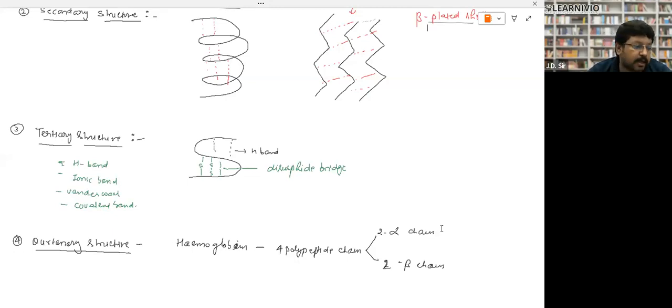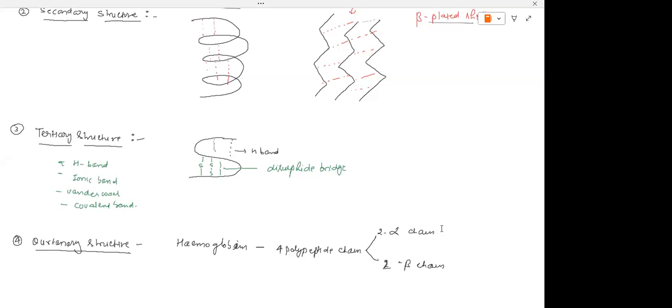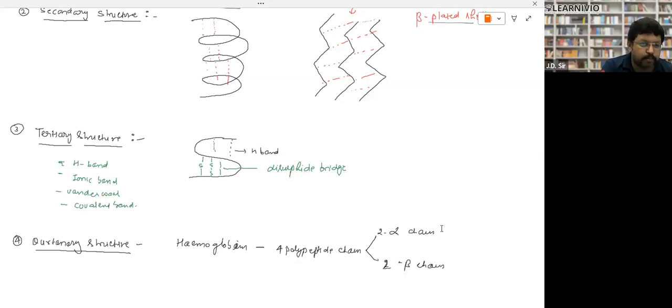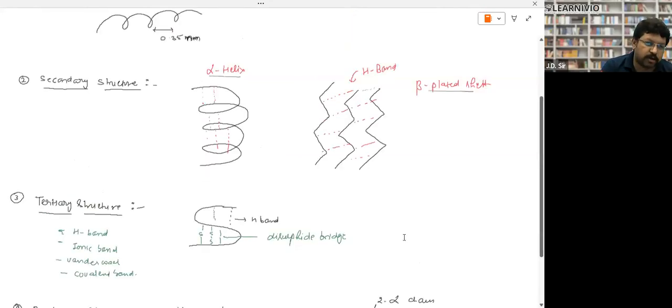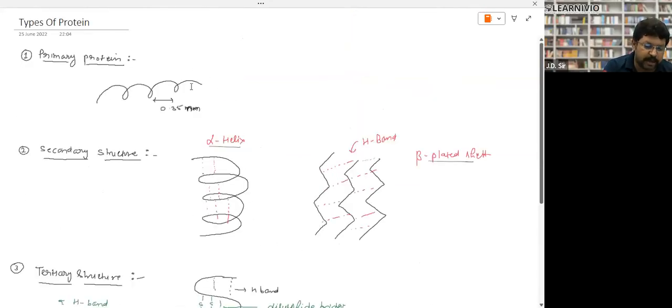Alia, Martin, tell me, please. Yes, sir. Okay, so start writing down. Put the heading, types of protein. First, primary structure, and draw the diagram.